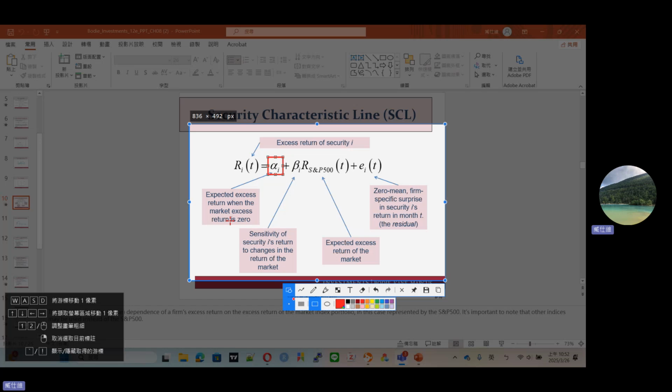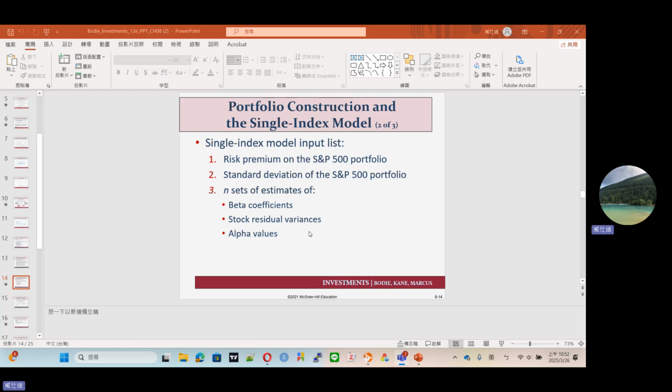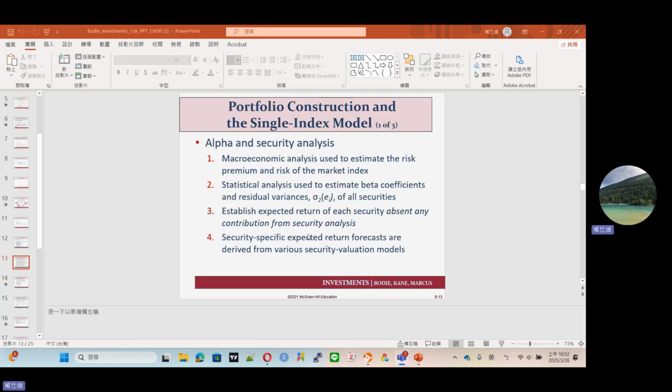So usually we also like to find the stocks that can deliver positive alpha. But this is not that easy here, okay? You have to go through many analyses. Just like I told you, you need to practice your investment skills through fundamental analysis and technical analysis.